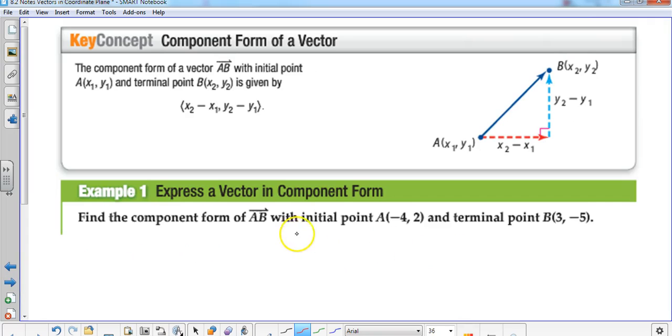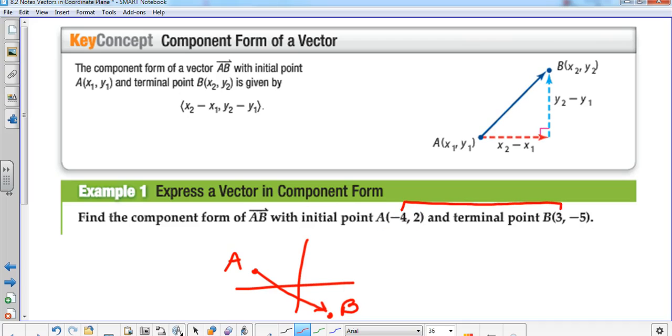So, given a vector that goes from this point A to this point B, if I quickly sketch (-4, 2) and (3, -5), and I was talking about this vector that went from here to here, what are its components? What does the x do to go from A to B? How do you get from -4 to 3? It went to the right, or added 7.